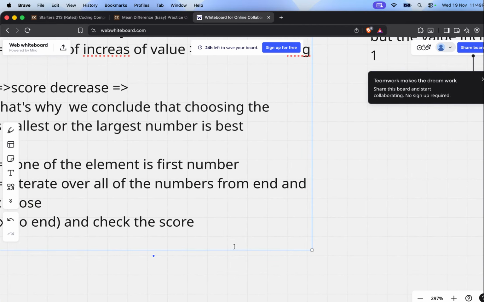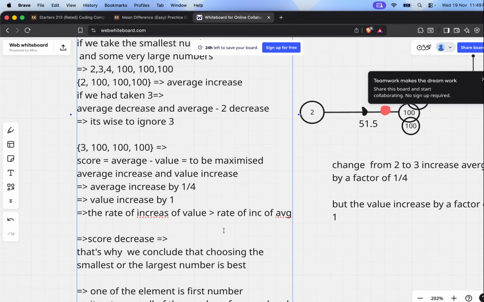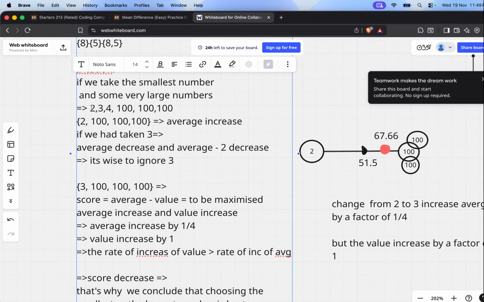Let's say we had this particular string. So we chose 2, then choose 100 and compute the score, then these 200s and compute the score, then these 300s and compute the score, then these 300 and a 4 and compute the score.